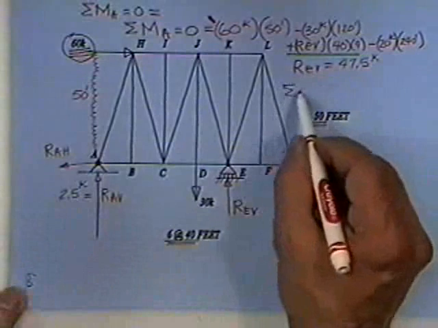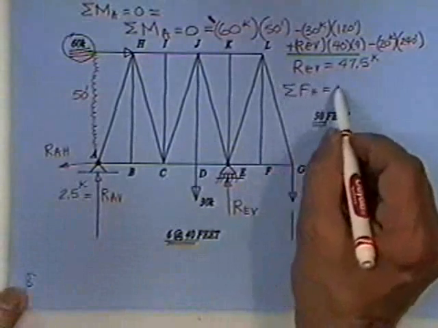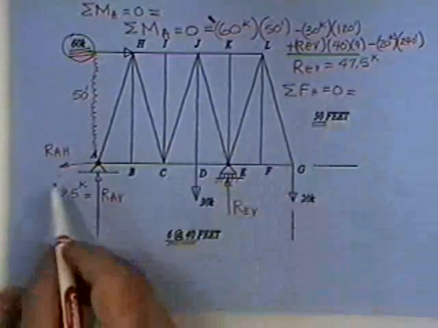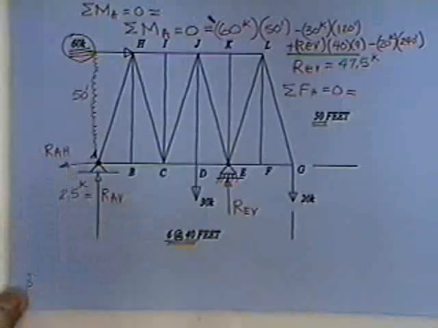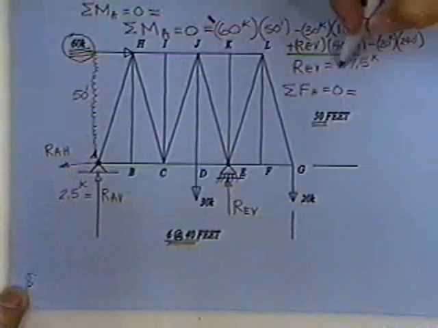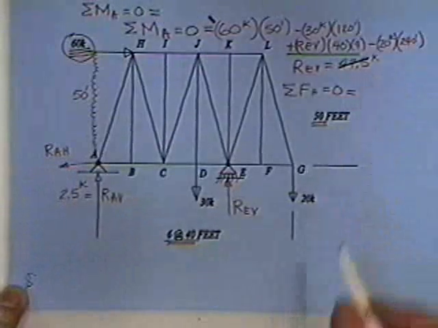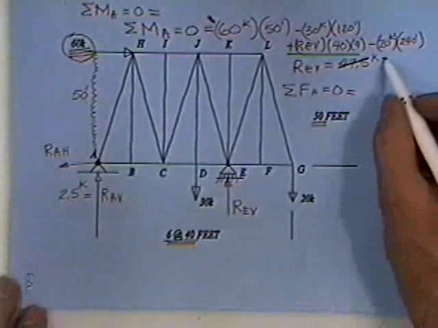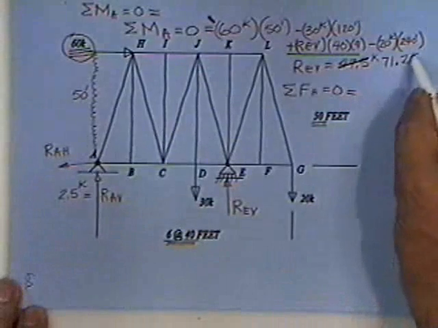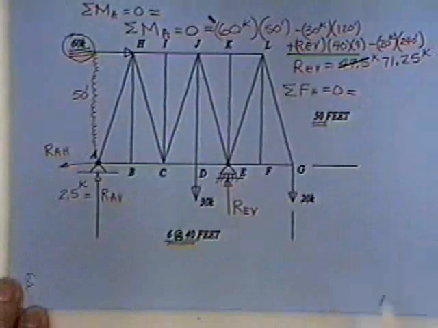And sum forces horizontal will tell me what this guy is, the reaction at A horizontal. Okay, this is incorrect. Oops, all right. What does Simpson say? 71.25. Okay.